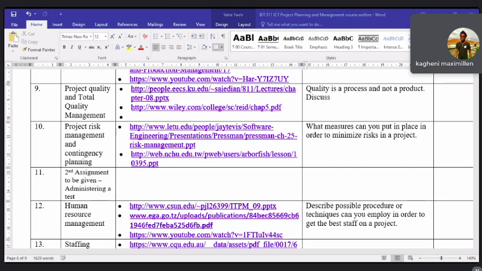You work on a project to produce a product. What kind of product will you produce? The product you produce should be of good quality. That's why we need to know what is involved in quality management. What is your role as a manager in ensuring or enforcing quality?